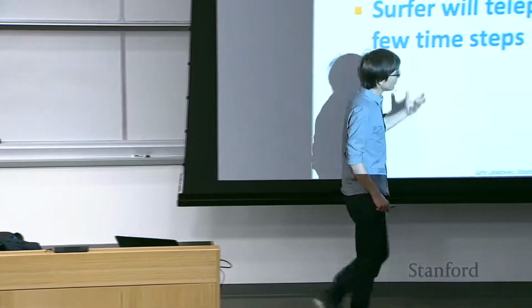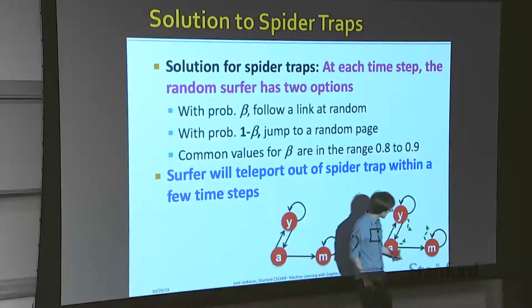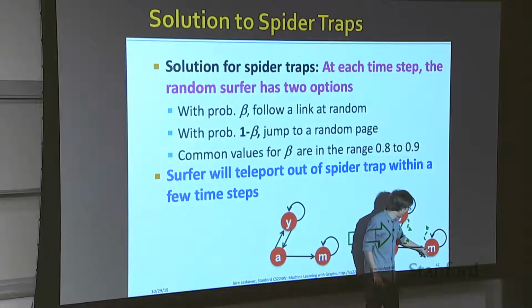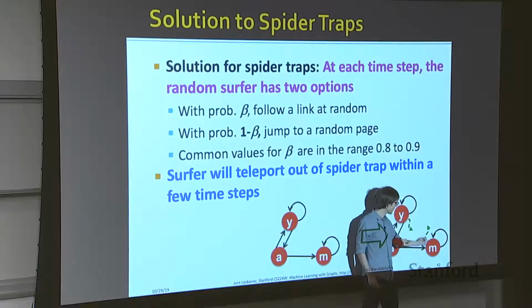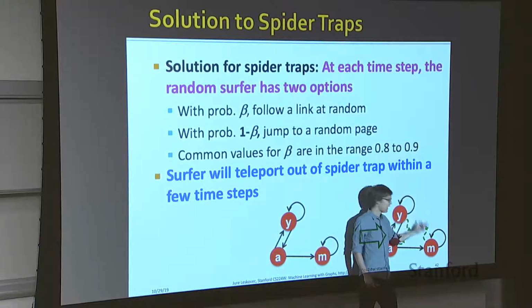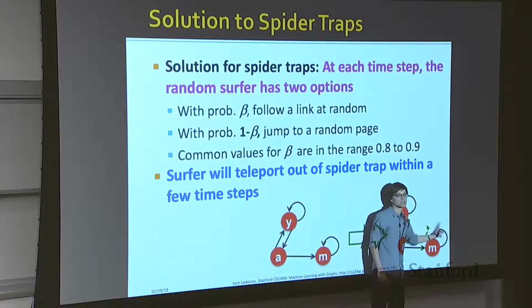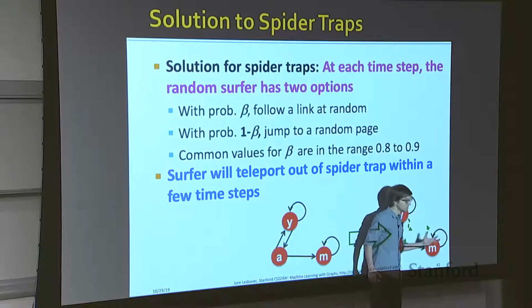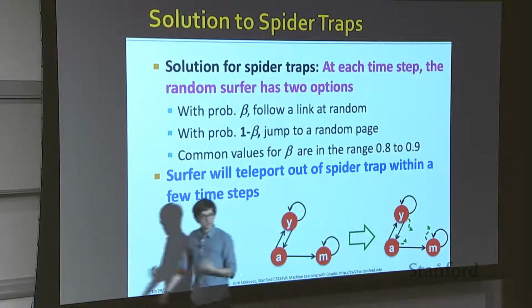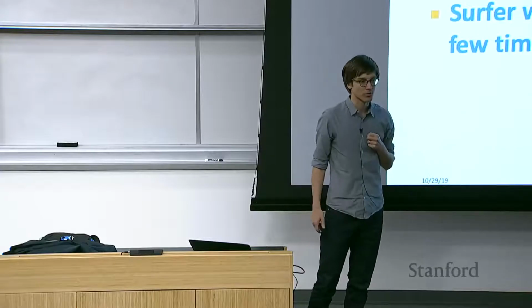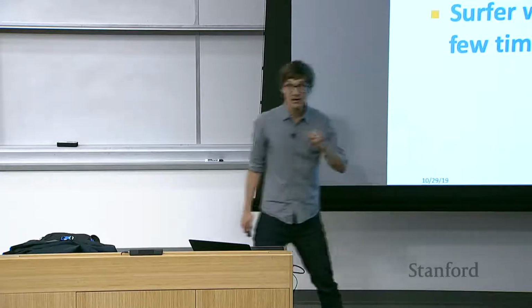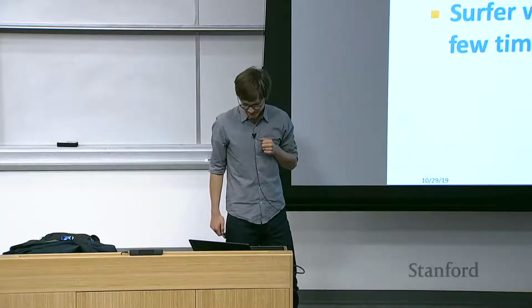This is a solution for spider traps because M here is a spider trap. The random walker will be trapped a bit here, but sooner or later the random walker will decide to jump out and will be able to drop this cycle here. So that's why teleports solve the spider trap problem. You are no longer trapped in the trap because you can always teleport. So sooner or later the random walker will jump out.